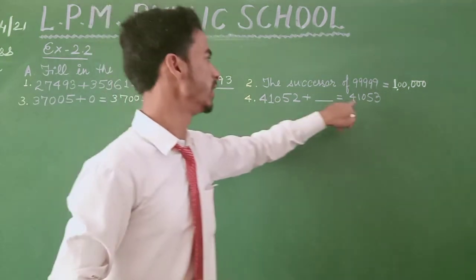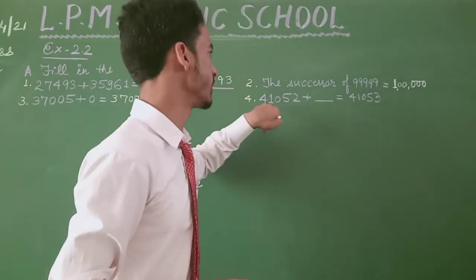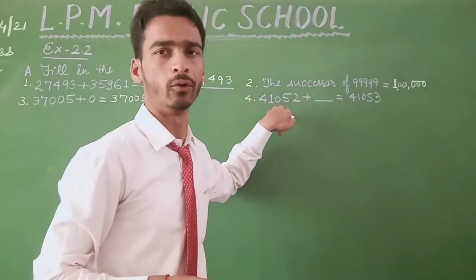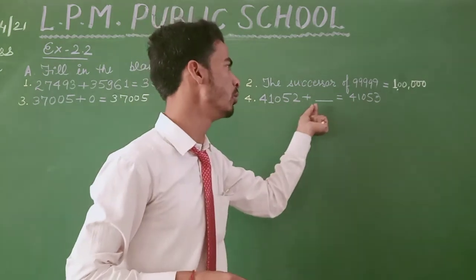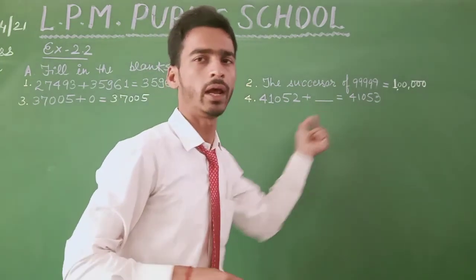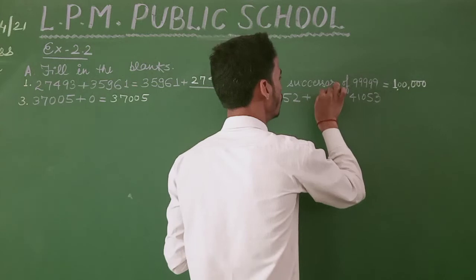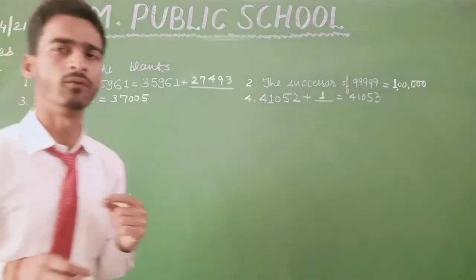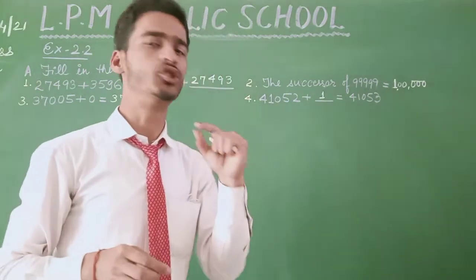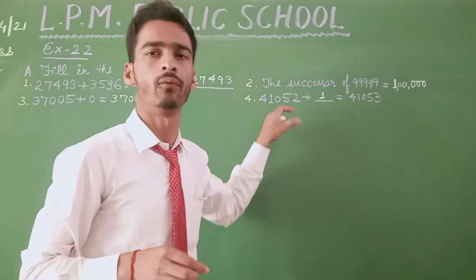That means 41,053 is the successor of 41,052. So we can say that 1 is added to 41,052, which gives 41,053. So 41,053 comes just after 41,052.